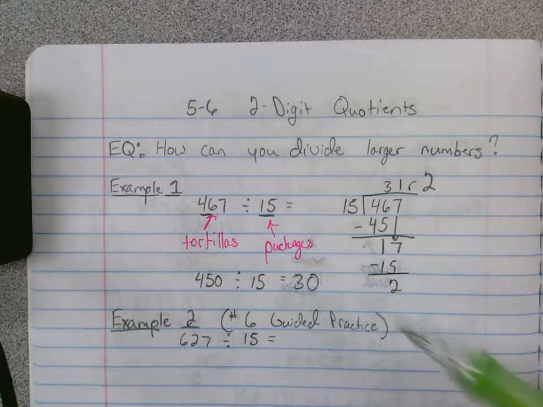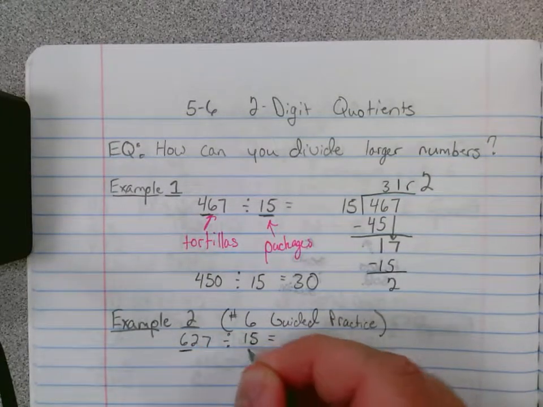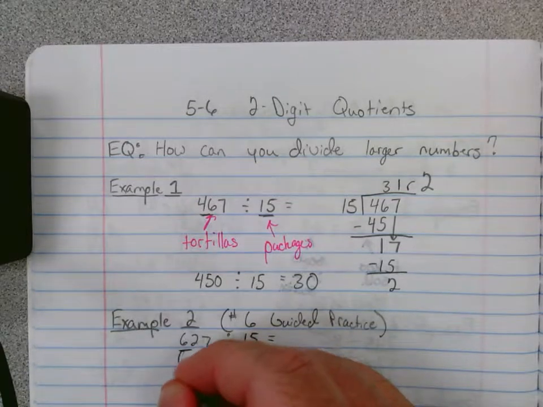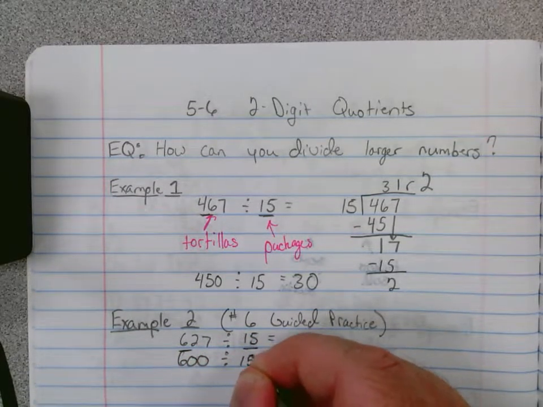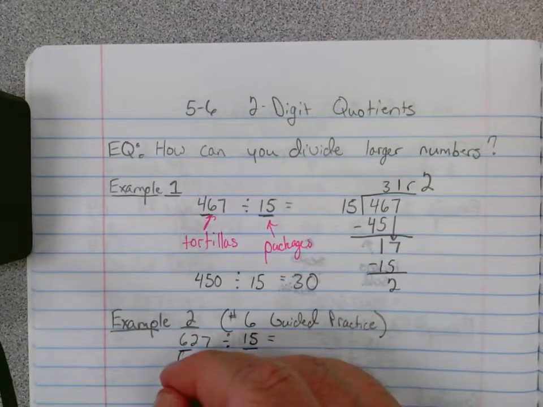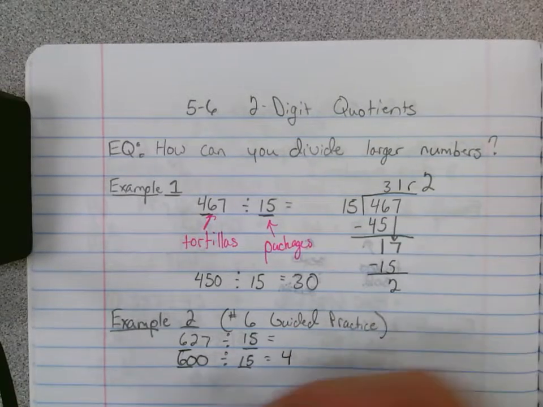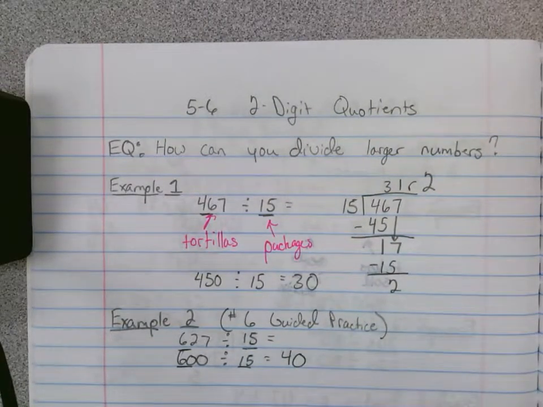So the first thing we need to do is estimate. Now, I know that 15 will go into 60, and 60 is close to 62, so I'm going to do 600 divided by 15. I know that 15 goes into 60 4 times, and that leaves me with 0, so that's going to be 40.